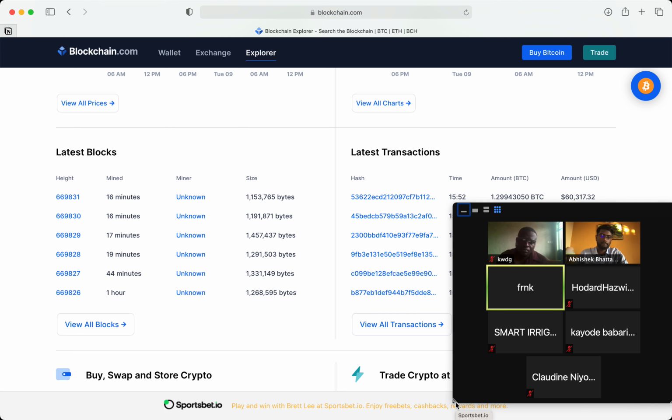Because when I look at the latest blocks, I can see that the time taken to confirm the block is 16 minutes, then 17, 19, 44. So I think it's a long time to sit down and wait.